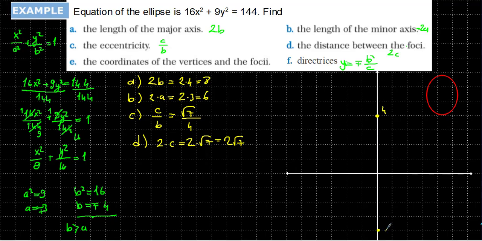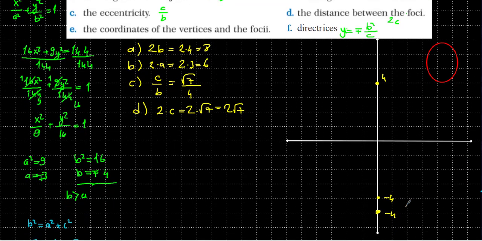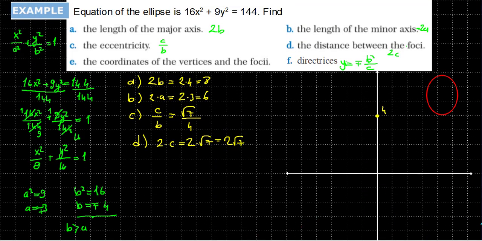The minus 4 is going to be here. Let me clean the lower part so as not to mix things up. Then this point is going to be minus 4. The values are 3 here, and this point is minus 3. So our figure is going to be something like this.